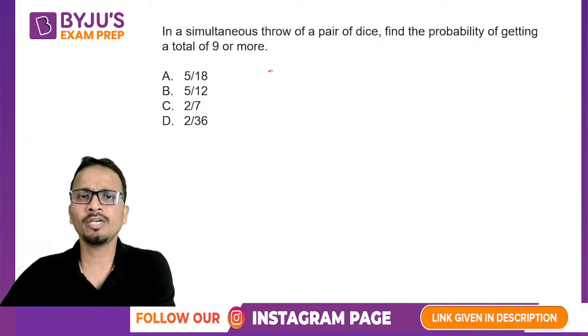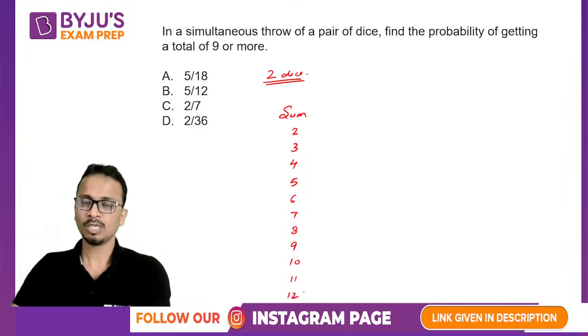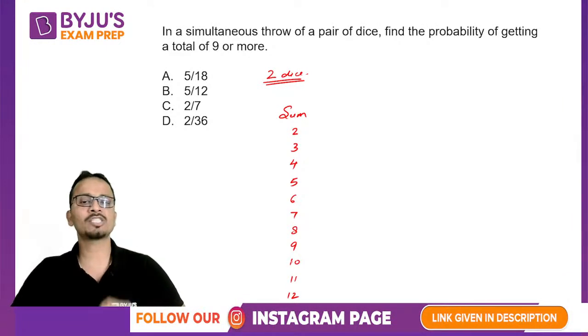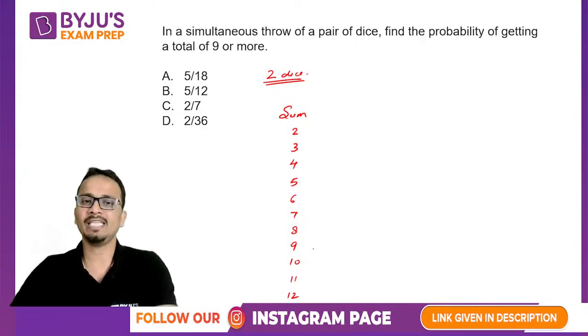So if you are rolling two dice, the sum that can be obtained can be 2, 3, 4, 5, 6, 7, 8, 9, 10, 11 or 12. So the minimum sum that you can obtain when you are rolling two dice is 2 and the maximum is 12. And from 2 to 12 you can obtain any sum.